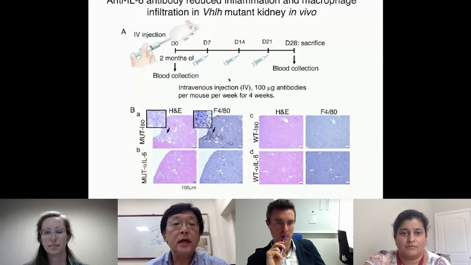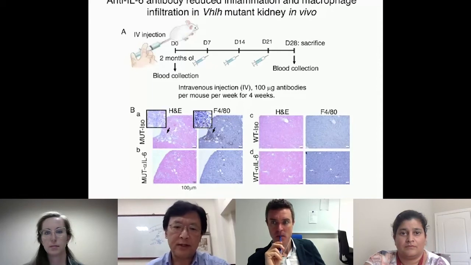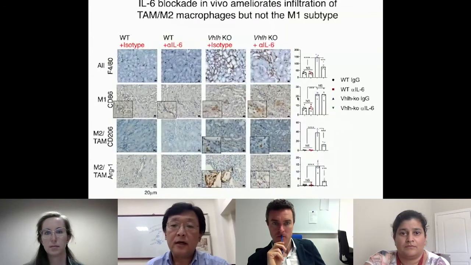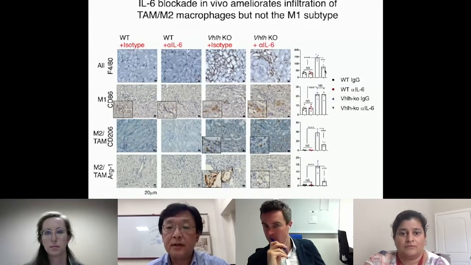So if we inject anti-IL-6 antibody into the mouse, we can also reduce these inflammatory foci, and the injection itself has no adverse effect on wild type. And also here we showed that after blocking IL-6 in vivo, the total macrophage number is rescued.